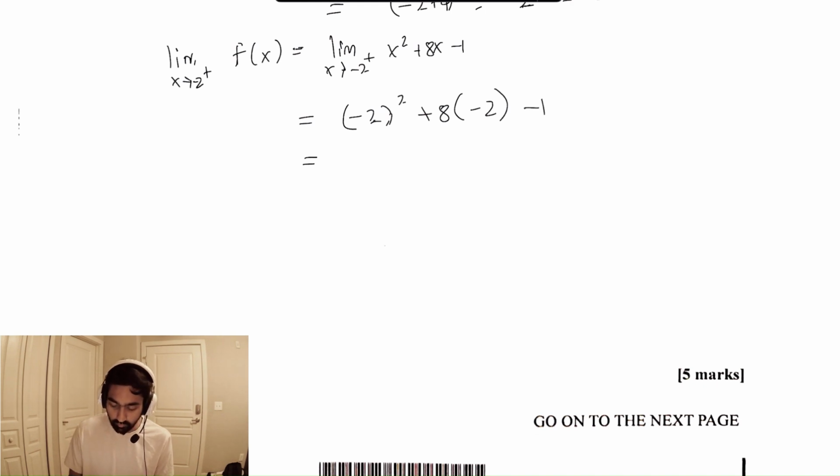And if I do this, I get 4 minus 16 minus 1, which is -13.